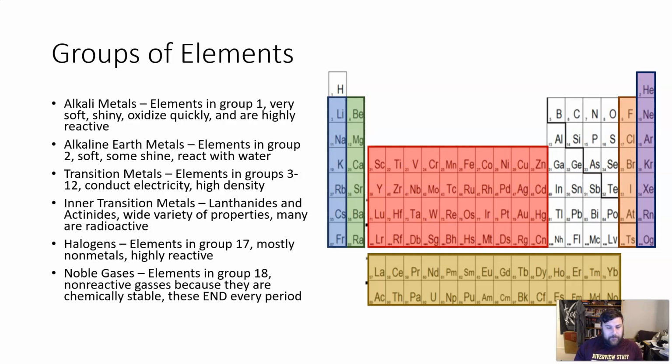Lastly, because I am going to use this term, I want to make sure I mention it now. First of all, if you notice, there's still that big white gap in the middle of the periodic table. That is where our metalloids and, I've seen these referred to in different ways, weak metals or post-transition metals or light reactive non-metals.